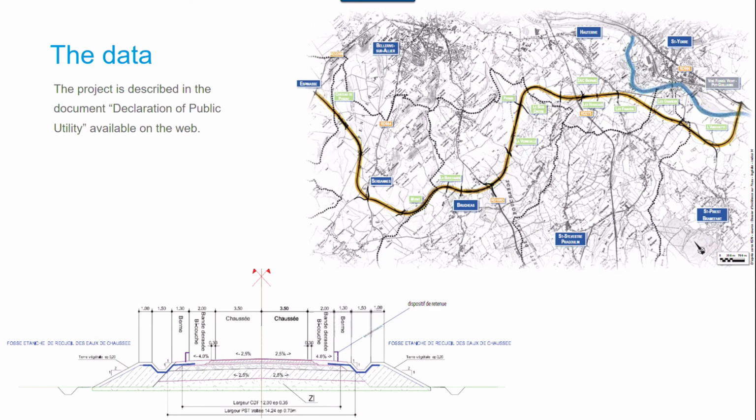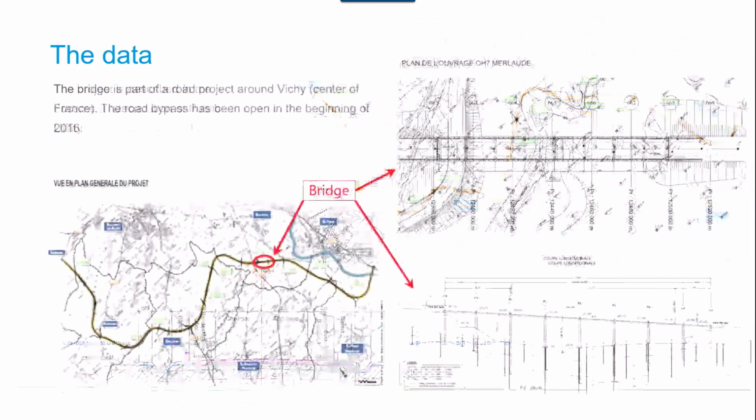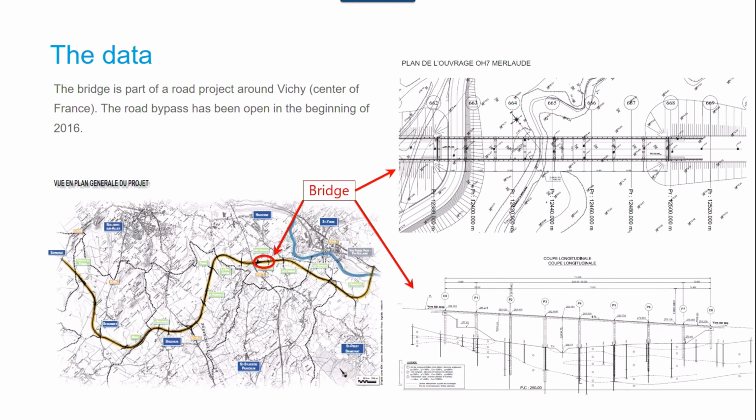It's a very classical road project with two lanes. In this document, we found a plan view of one bridge, the biggest bridge of the project, the plan view and also the profile view. Those two documents are what we used a lot in our demonstration.